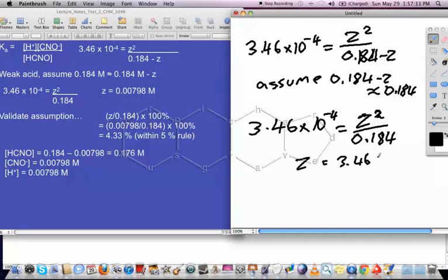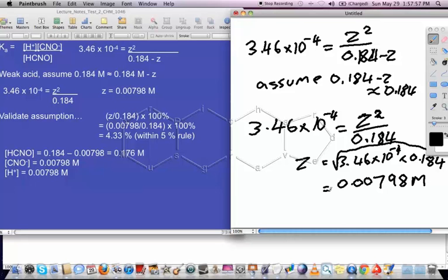3.46 times 10 to the negative 4 times 0.184, and then taking the square root of that entire number. And that's going to give me a value of 0.00798 molar.